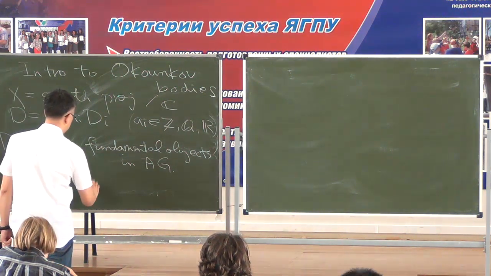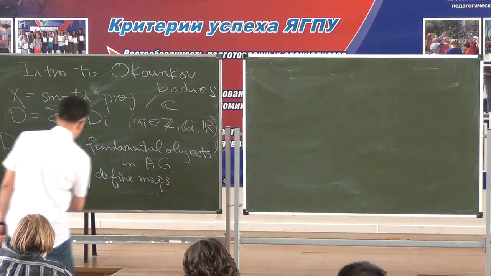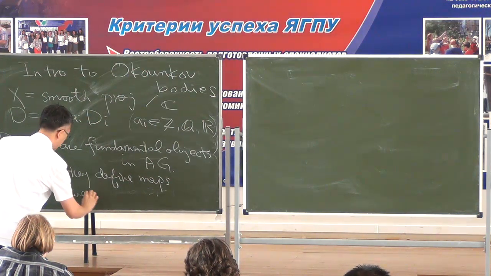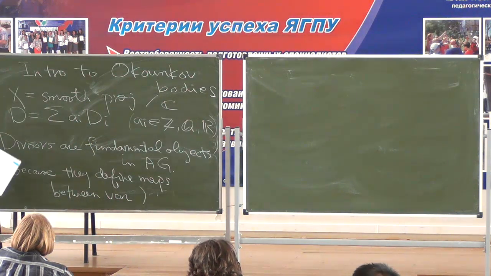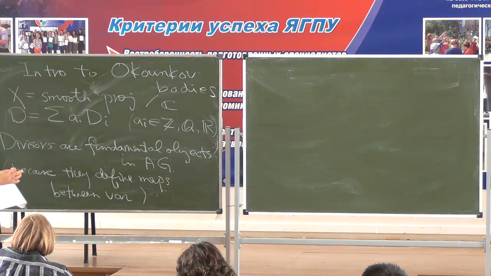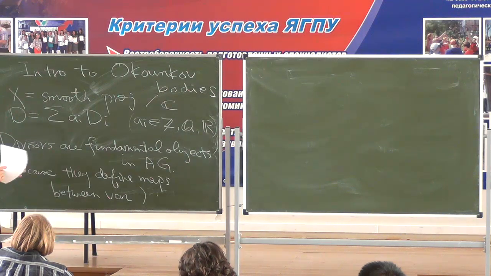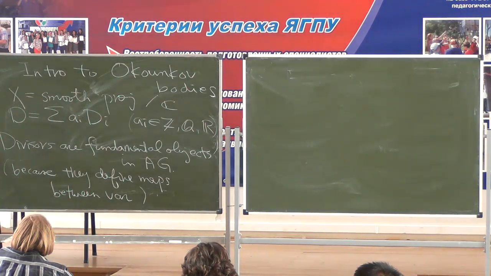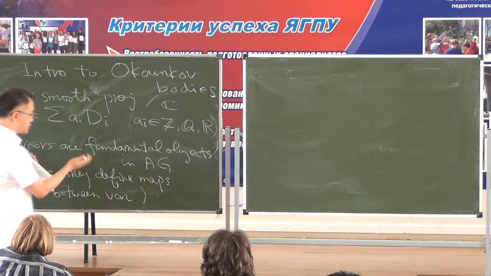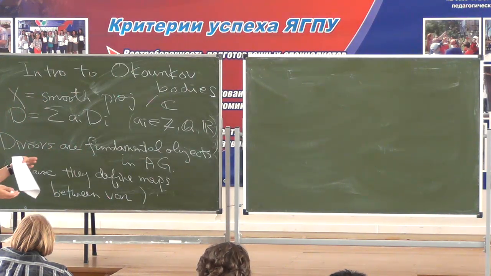Like matrices define linear maps between vector spaces. So that's why matrices are important in linear algebra. But in algebraic geometry, divisors define maps between varieties. So I think, for me, this is the most important reason to study divisors, especially in birational geometry. If you read papers in birational geometry, all they talk about is divisors.